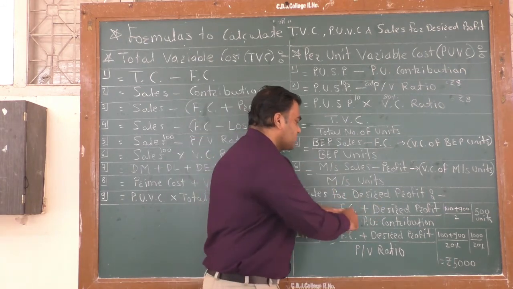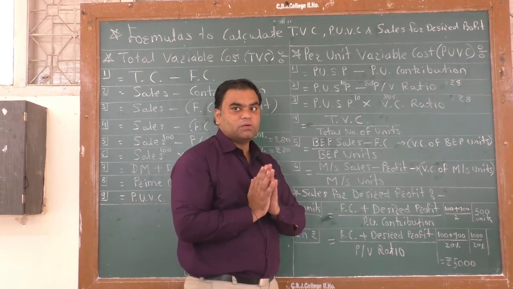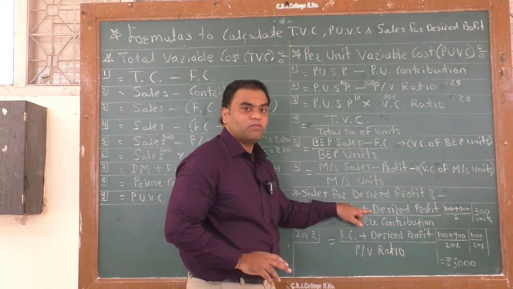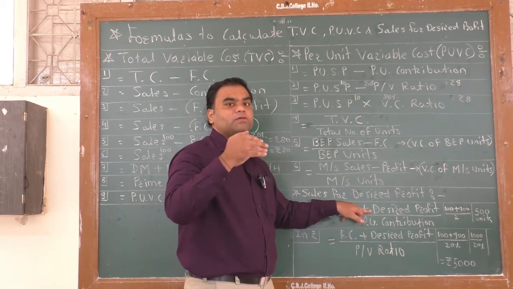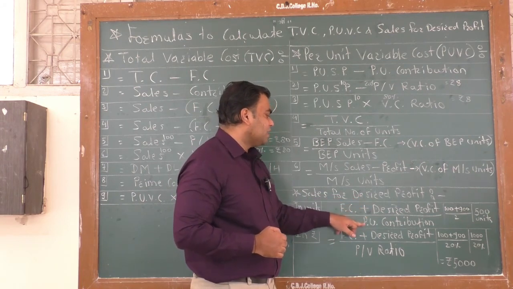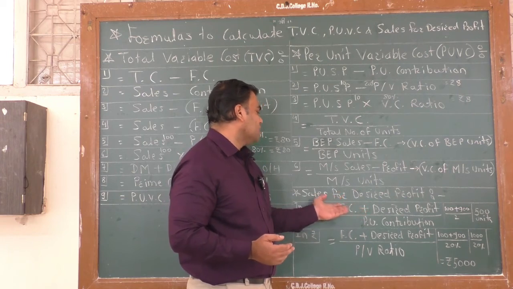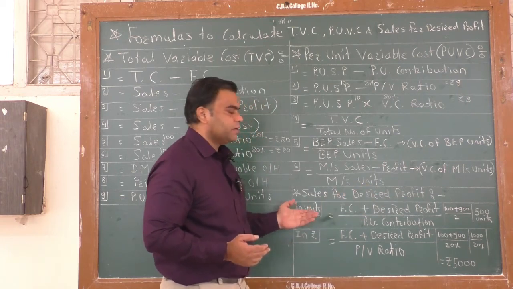As we know, fixed cost plus profit means contribution, so this is our expected amount of contribution. That amount of contribution divided by per unit contribution is equal to sales for desired profit in units.